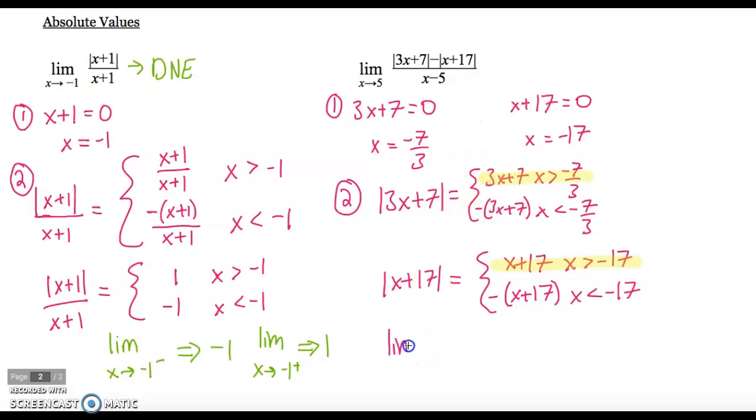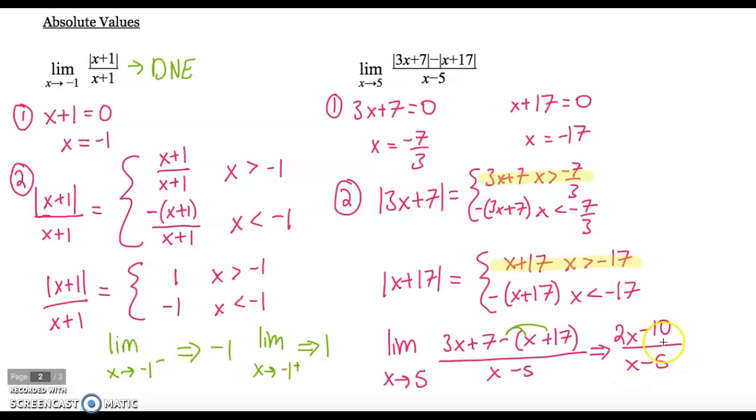I'm going to replace it, x approaching 5, with just the regular 3x plus 7, and then x plus 17. Careful, I still put parentheses around here because I'm going to have to distribute this negative. If I distribute that negative, I'll end up with 3x, and then minus x would be 2x, and then 7 minus 17 would be -10.